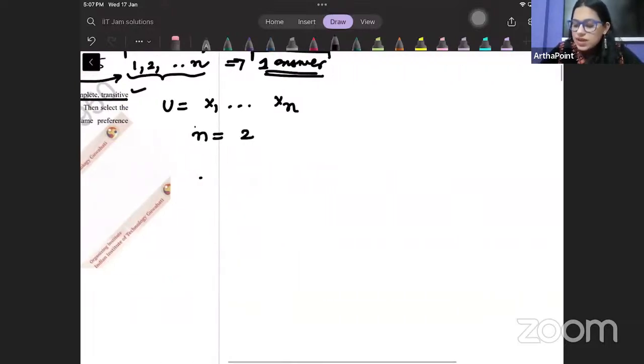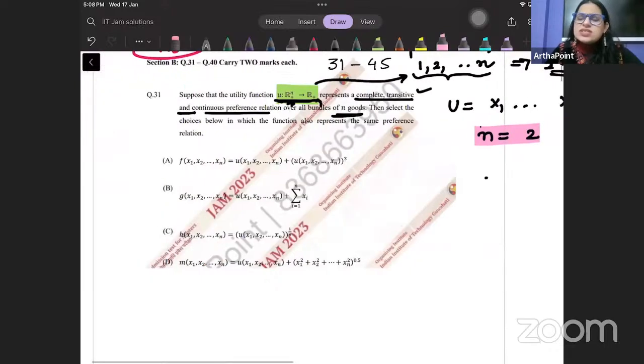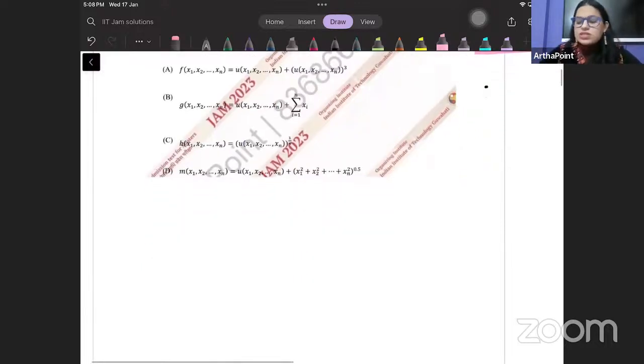So I can say that my utility function is simply x1 into x2. I have assumed that my n is 2, and I have taken this utility function in particular because this is the simplest one. I know how to solve it easily, and I know that it satisfies all these properties: completeness, transitivity, continuity. It is satisfying all of these. That is one thing. Now it is very easy to see.